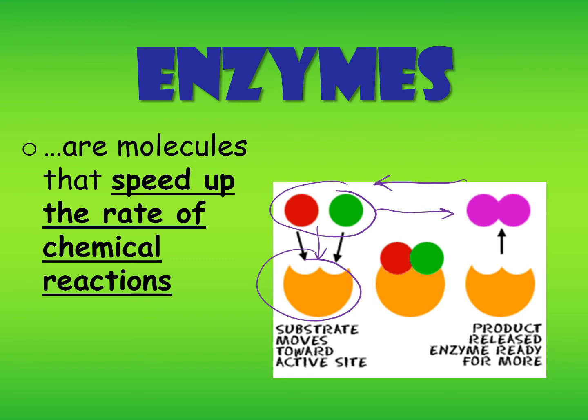And so when that happens, it makes this whole process happen faster. And this just happens over and over again. So more of these atoms would come in here, bind together, and then be joined. It's just like a little molecule producing factory, or in the case of digestion, a little factory that breaks down molecules.